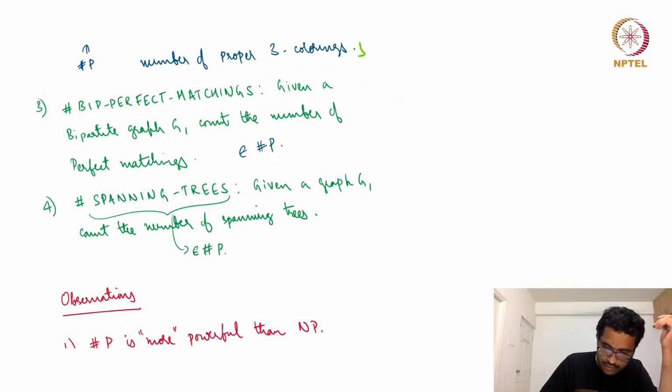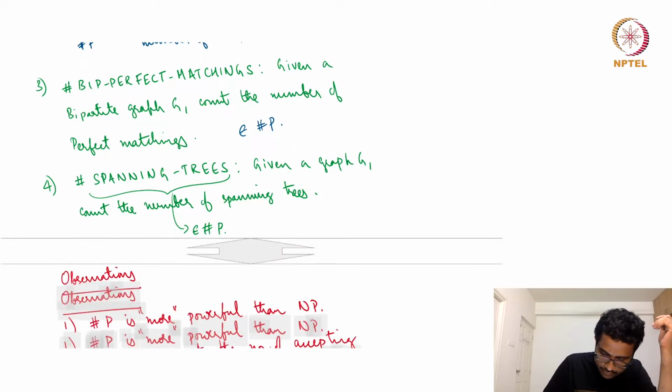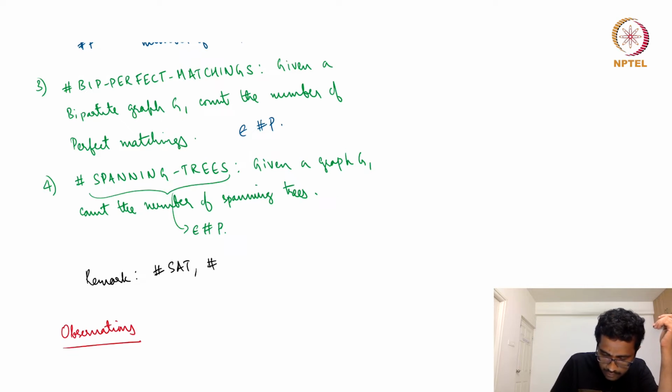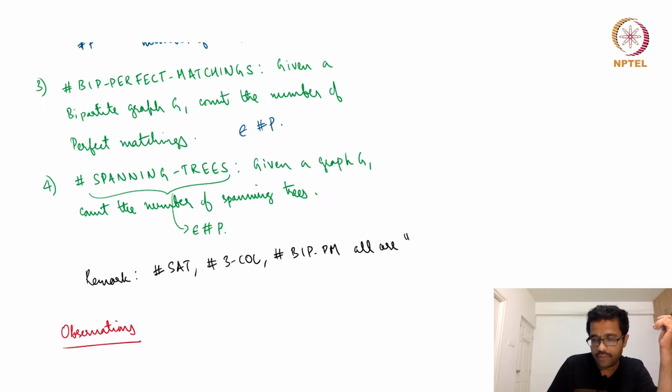Okay, so maybe I'll just say a remark. #SAT, #3-colorings, #bipartite perfect matchings are all hard, meaning we don't know of an efficient way of doing this, and we believe these are all hard.